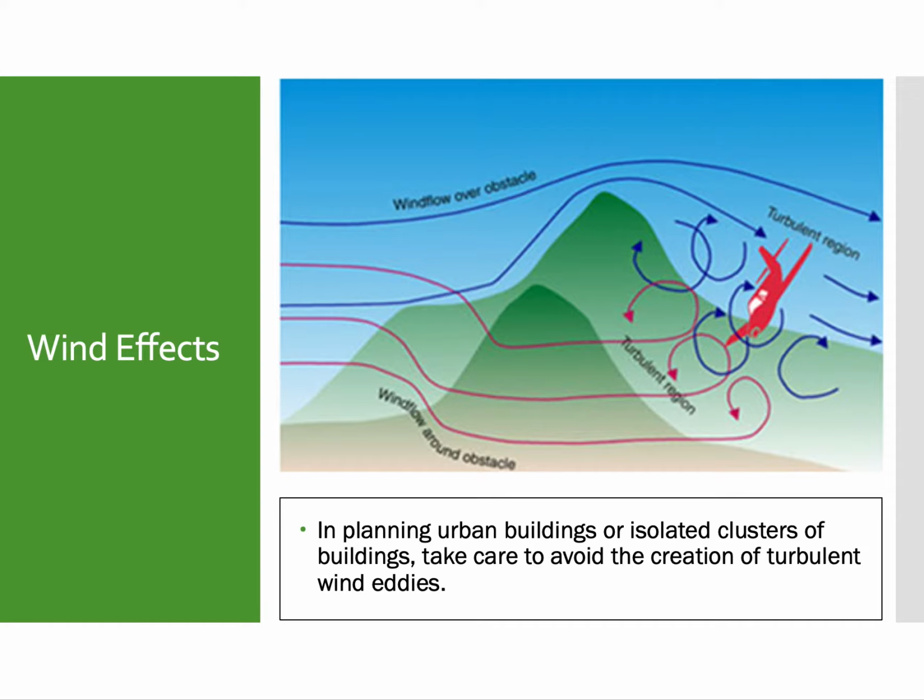And then if we're building in the city, we have to be very careful about wind turbulence. Obviously, this is showing the plane being upset by that. But large buildings, if you have two large buildings, it creates a wind tunnel. And if you're going to build in between two large buildings, you're going to have to consider the fact that there is going to be that wind effect that comes into play.